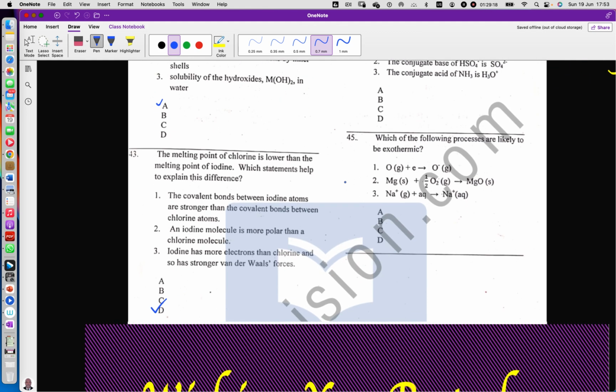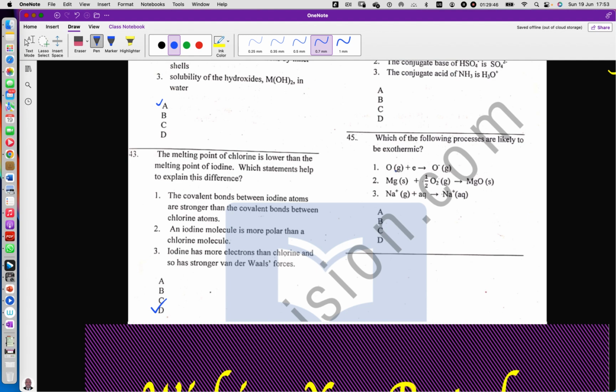Question number 45. Which of the following processes are likely to be exothermic? Exothermic is when heat is being released to the surroundings. Here, this is the first electron affinity.